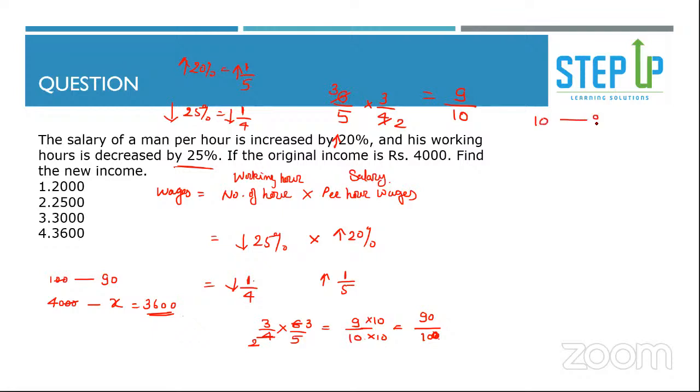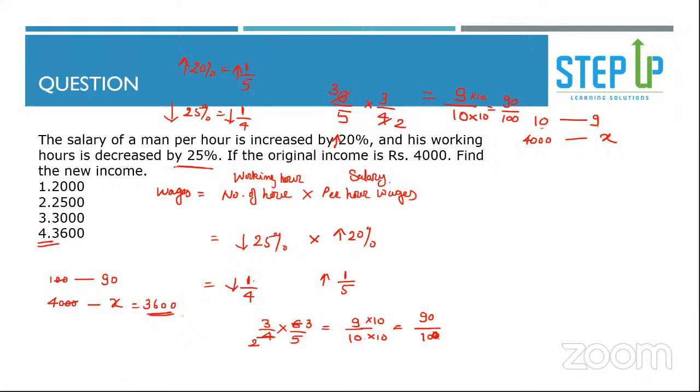10 became 9. If 10 became 9, 4,000 will become what? Or you can do it this way. 9 is 90% of 10. You can multiply it by 10 also. You will get 90 by 100. So 100 became 90. So 90% of 4,000 is 3,600.